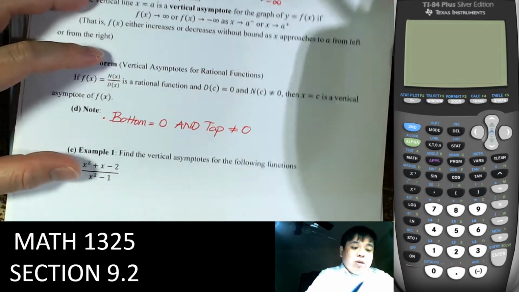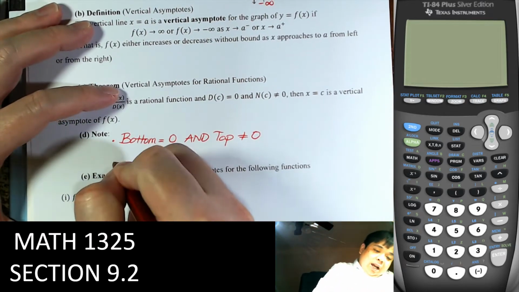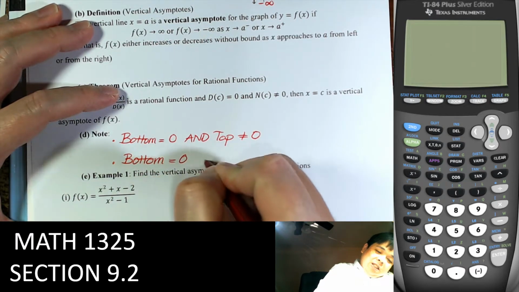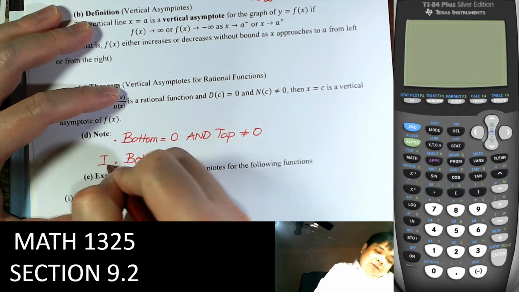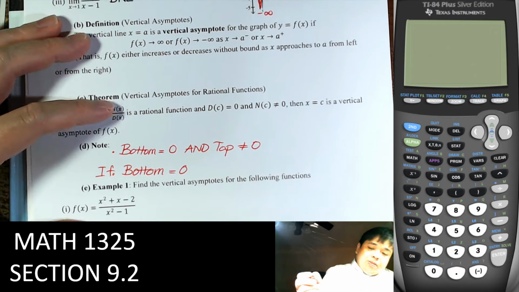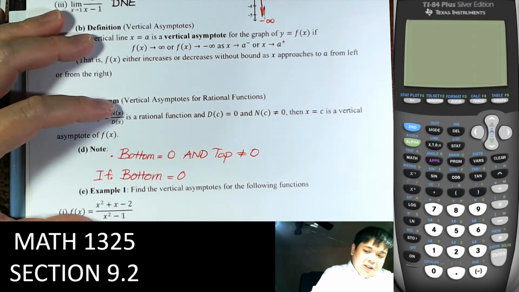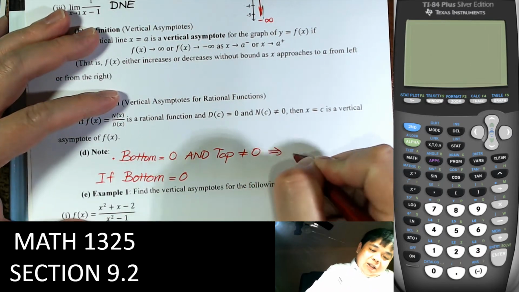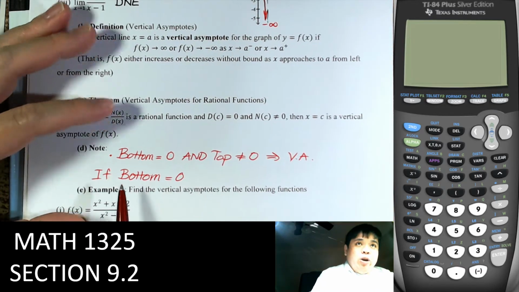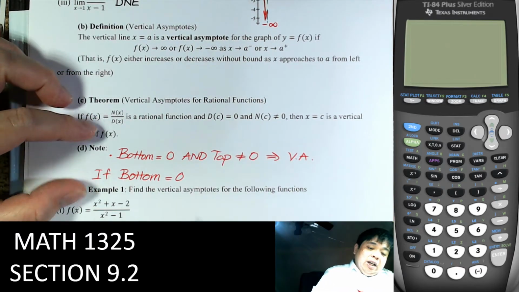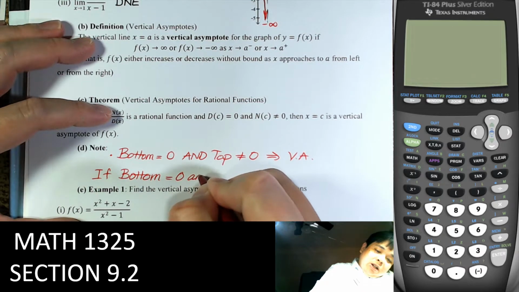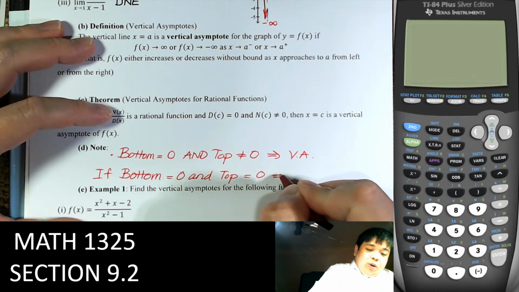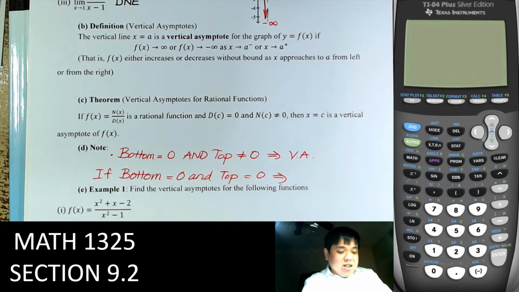So we will talk about the case where the bottom and the top both equal 0 later. To find the vertical asymptote, we let the bottom equal 0 and the top is not. If both equal 0, then we will have something else, which we'll discuss later.